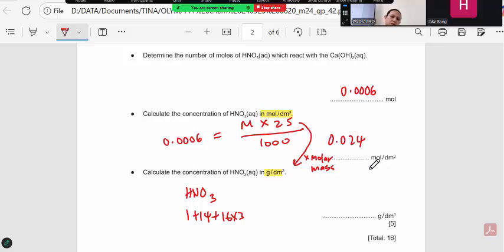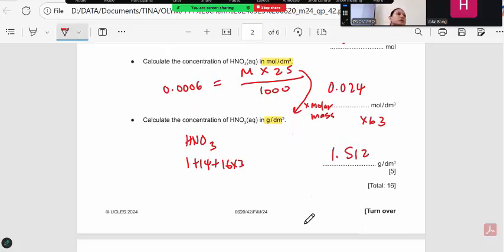So multiply by 63. So 1.512 grams per decimeter cube. Did you get it correct?